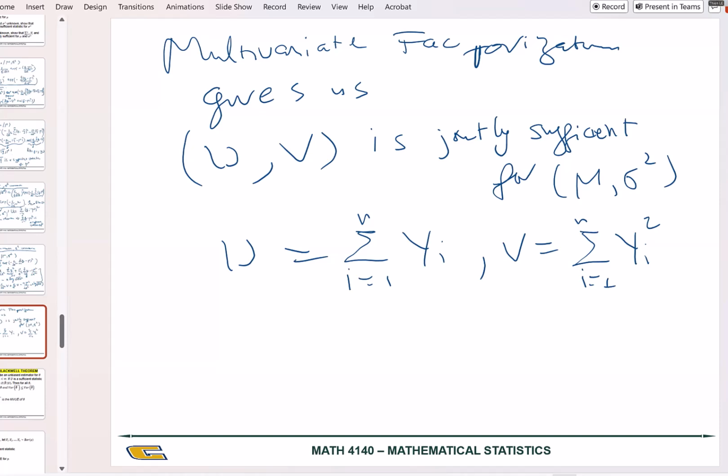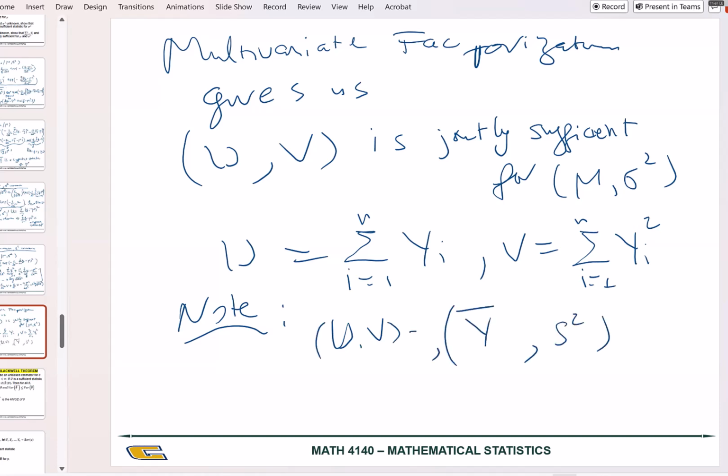But you should also know that U, V and Y bar, S square are related by a 1-to-1 transformation.